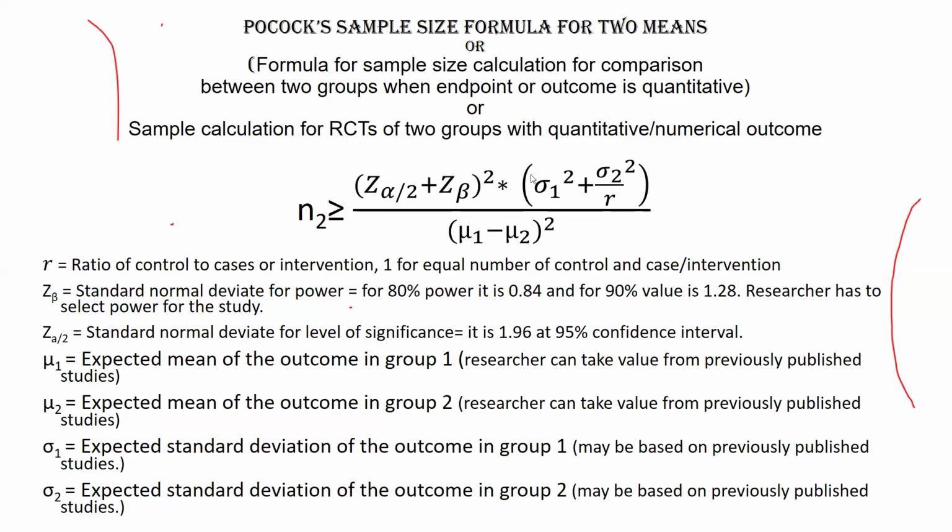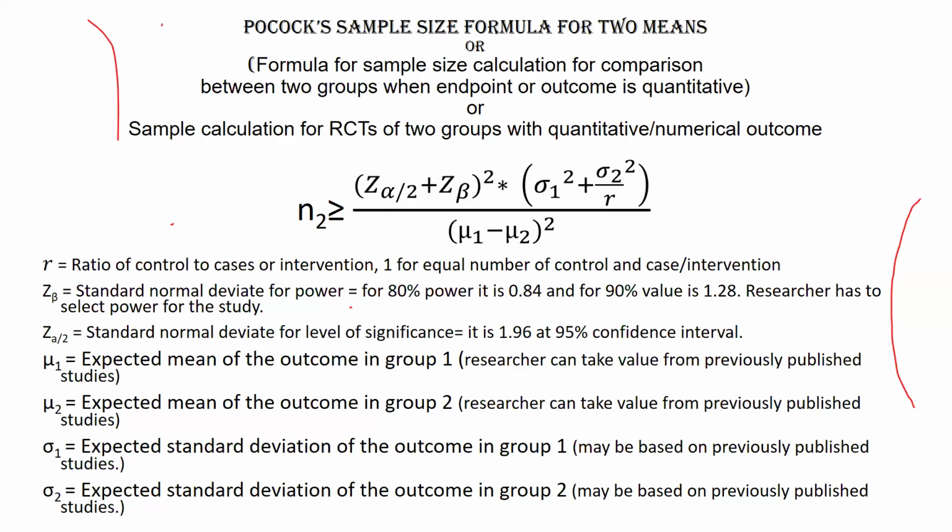Generally, when we are calculating sample size, we assume equal variance. Equal variance means sigma 1 is equal to sigma 2, equal to sigma. So sigma square plus sigma square is 2 sigma square. We can write it here, so this 2 will come in front. So the formula will be very simple. I will discuss each and everything, no problem. So this is the formula.